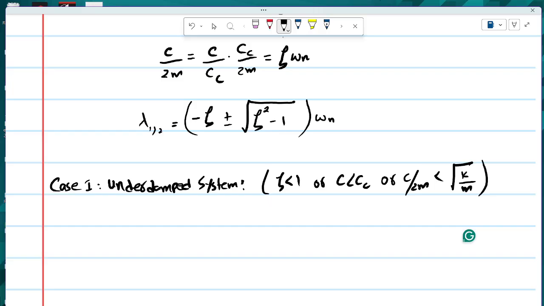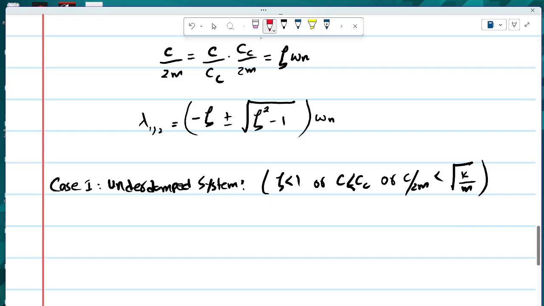All of these are conditions of an underdamped system. Either you say the damping ratio is less than 1, or you say C is less than C critical, that is why the damping ratio is less than 1. All of them mean the same.